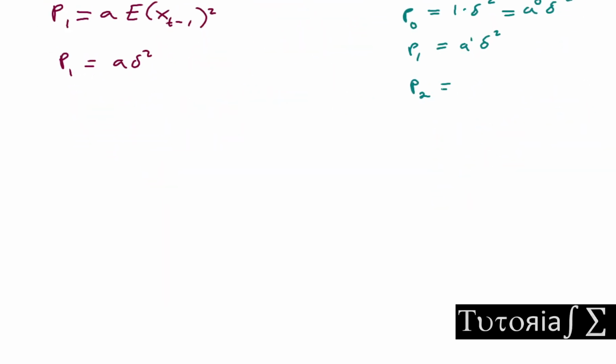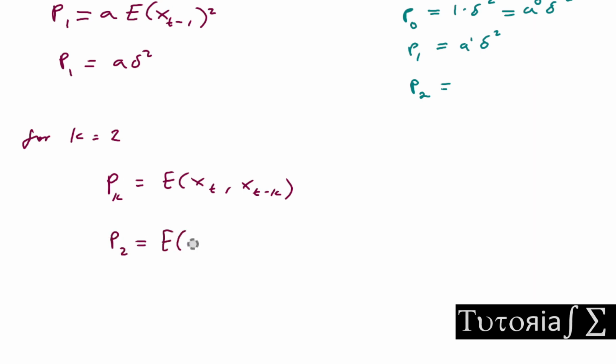So for row 2, so for k equals 2, we know that row k is equal to the expectation of xt times xt minus k. So for k equals 2, we're going to have the expectation of xt times xt minus 2. Now remember, our xt is an ARMA(1,1), which is alpha xt minus 1 plus the error term plus beta et minus 1, right?